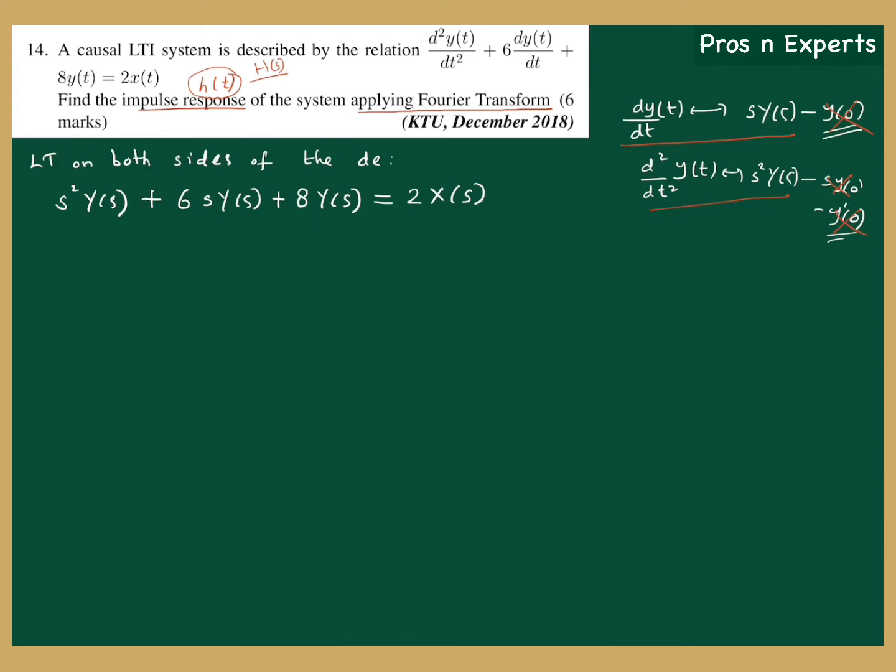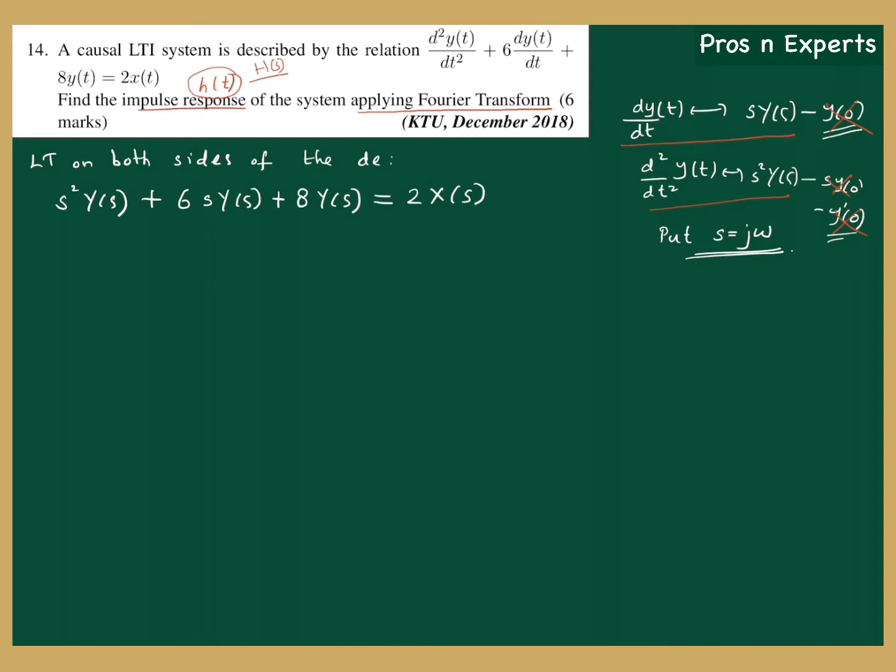That is not incorrect, it is perfectly correct, no problem. But listen to the question. The question says applying Fourier transform. Only because they are saying applying Fourier transform, let me convert this into its Fourier transform. How can you convert a system in Laplace domain into Fourier transform domain? It's very simple. Put s is equal to j omega, because we have already seen that Fourier transform is nothing but Laplace transform evaluated at the imaginary axis.